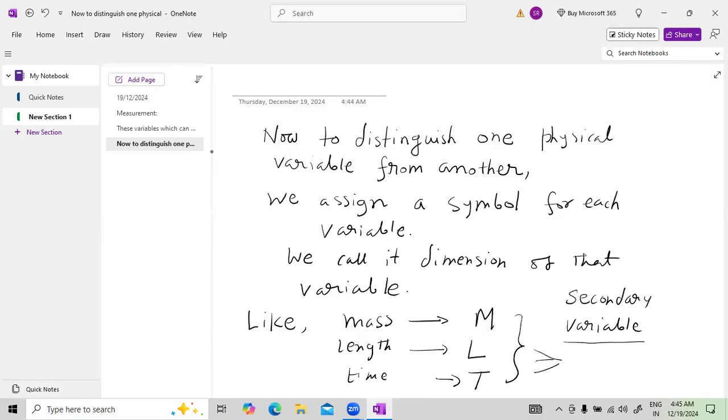And this is called the dimension of that variable.